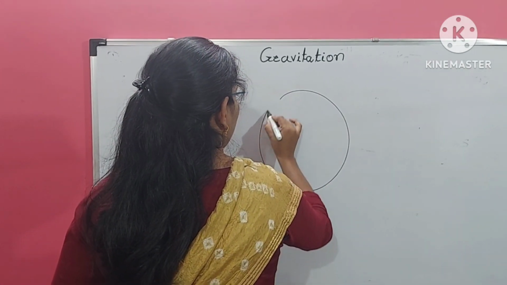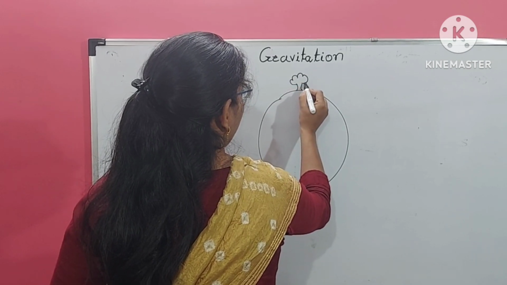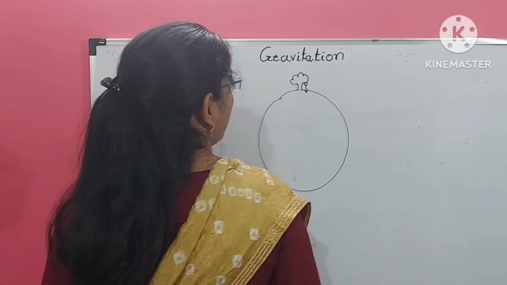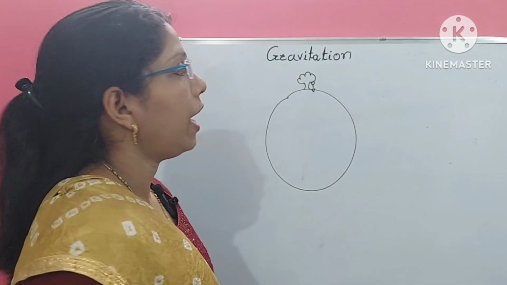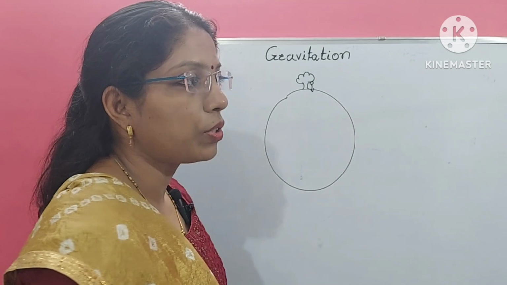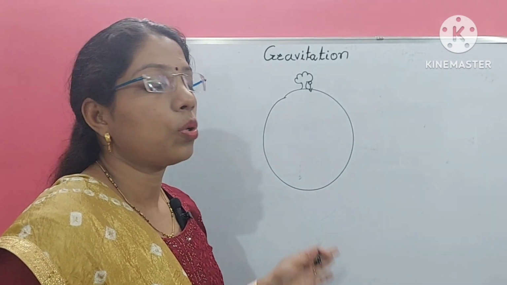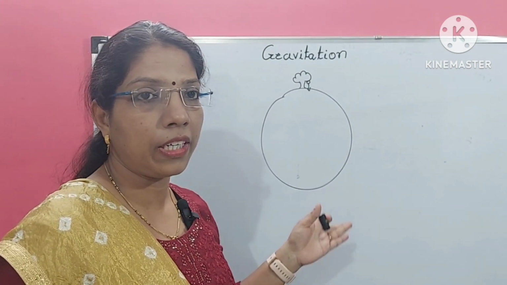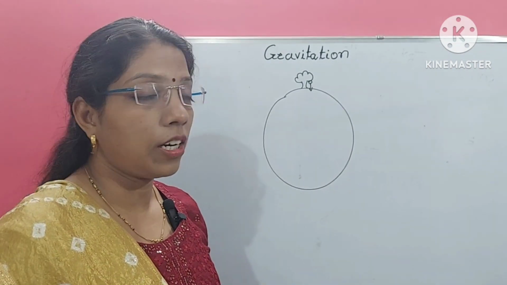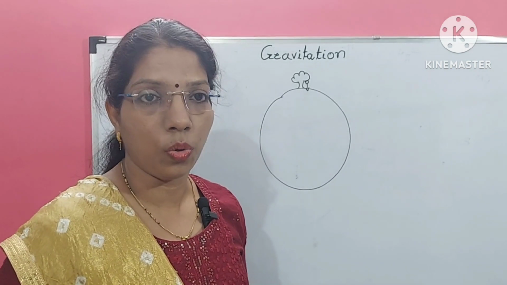Suppose this is the earth, and on the surface of the earth there is a tree, and suppose that is an apple tree. So the apple falls in the downward direction only, and that famous story of Sir Isaac Newton we have studied in previous standards. The scientist Newton was sitting under the apple tree, and he started to think why the apple falls in a vertically downward direction only.